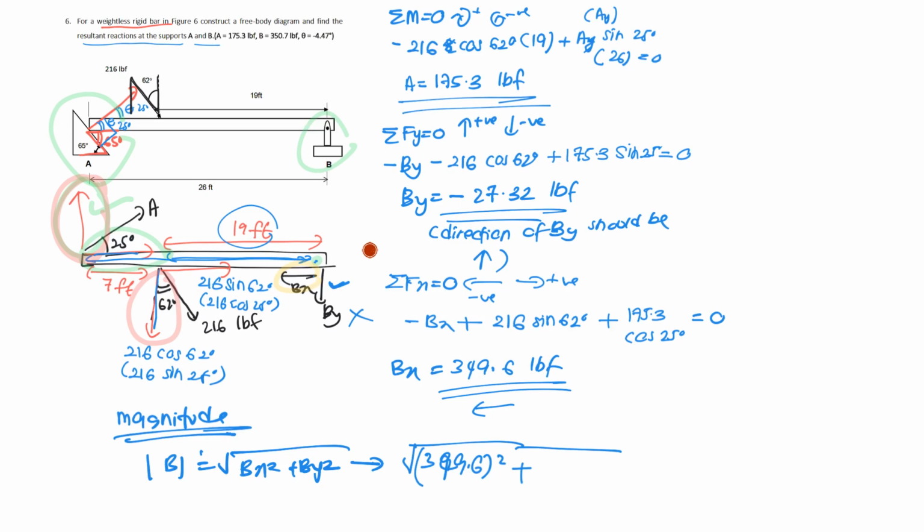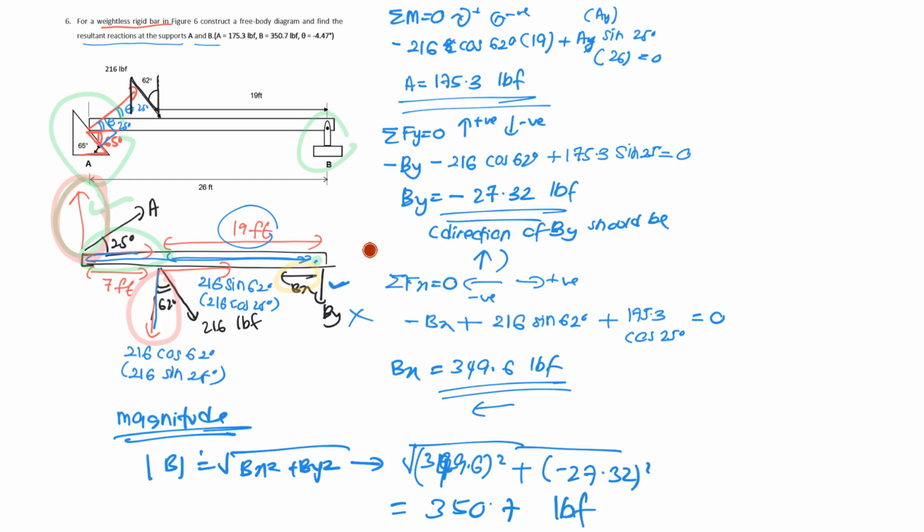So here I'm going to put the true sign after this. So I just put it negative 27.32, because definitely you are going to get positive square, right? So the answer going to be 349.6 square plus 27.32 square, square root everything. You are going to get 350.7, and the unit is lbf.